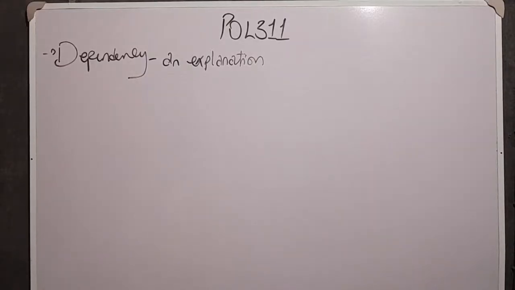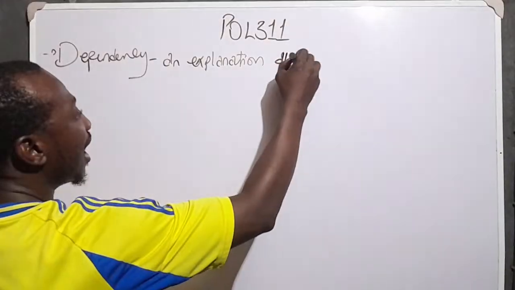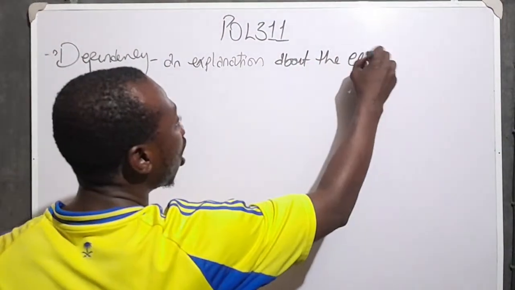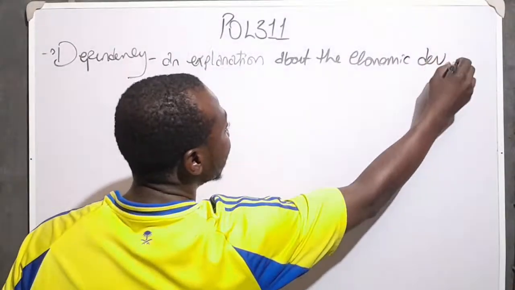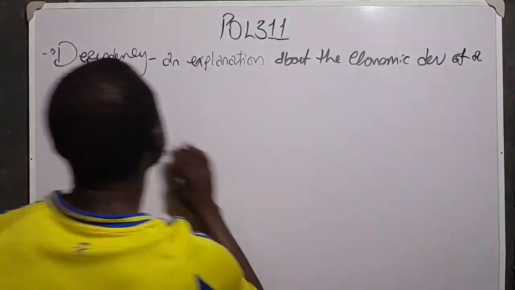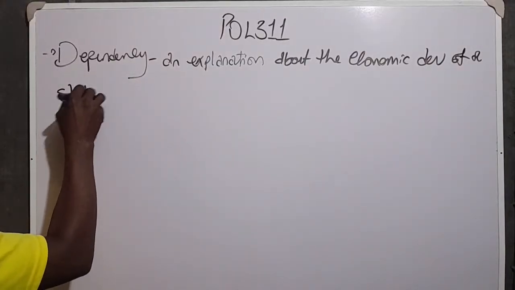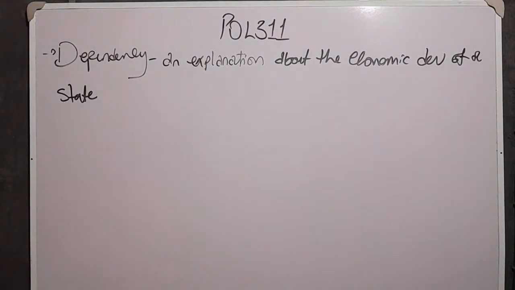But now let's look at it from this angle. It says the explanation is about the economic development of a state. Are we together? This explanation about the economic development of this state is in terms of external influence.